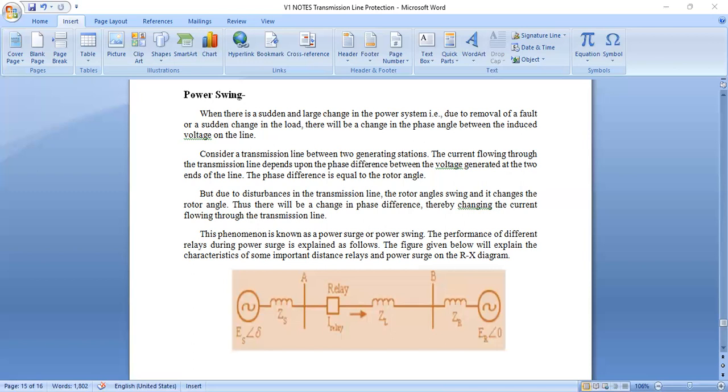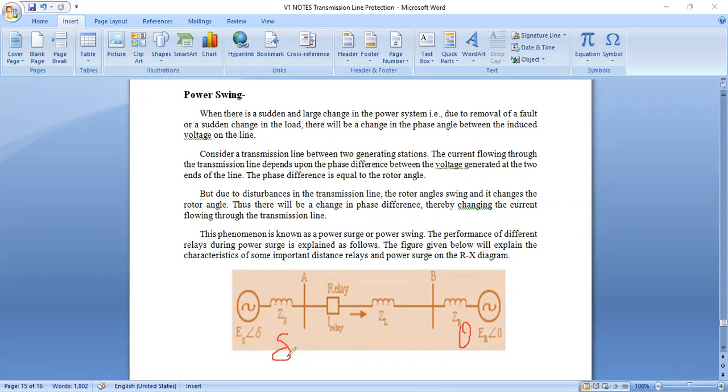Consider the transmission line between two generating stations. The current flowing through the transmission line depends upon the phase difference between the voltages generated at the two ends of the line, and this phase difference is equal to the rotor angle. These are delta for the generating station and theta for the load end station.